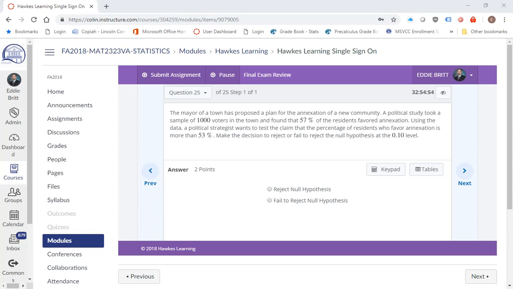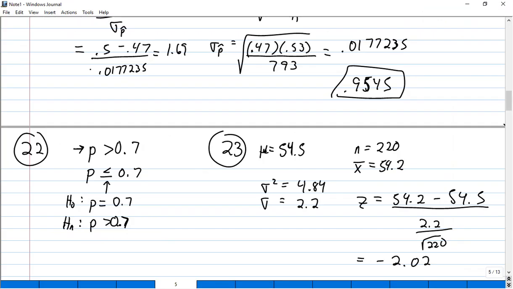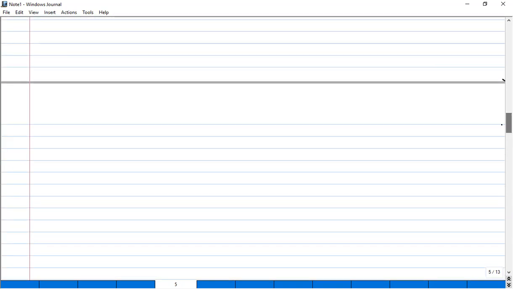Let's start with the null and alternate hypothesis. The claim is that more than 53% of residents favor annexation.